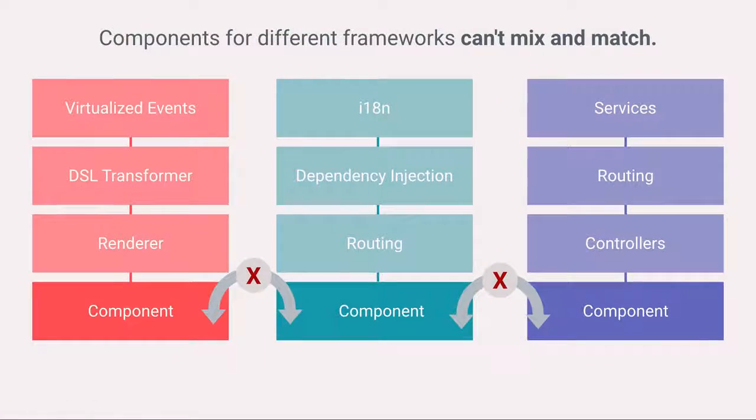And the second cost of these abstractions is a cost that you, the developer, pay. When you build a component in your web app, it's directly tied to the framework you chose. So no work you do for those components is useful in alternate frameworks. So if in your next project you're going to choose a different JavaScript framework because a new one's come out, you have to throw away all that old component code that you've written.